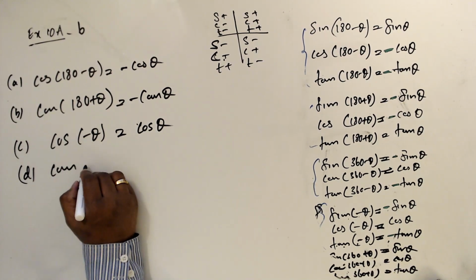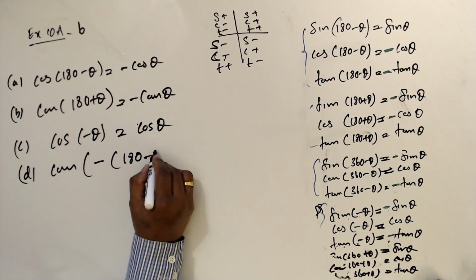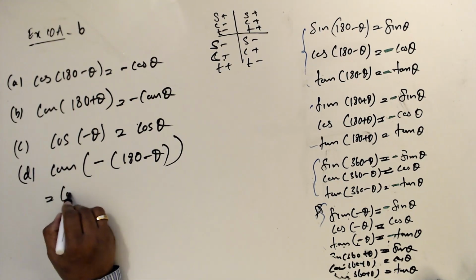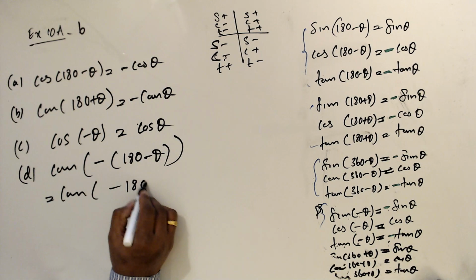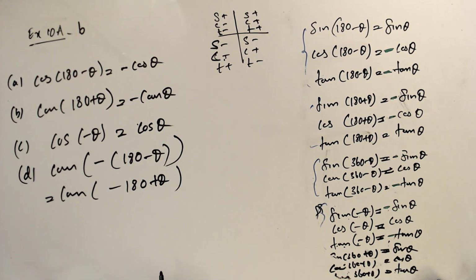D: cos minus 180 minus theta. Now there is a bracket, so I want to take the minus out first. I expand with minus 180 plus theta.